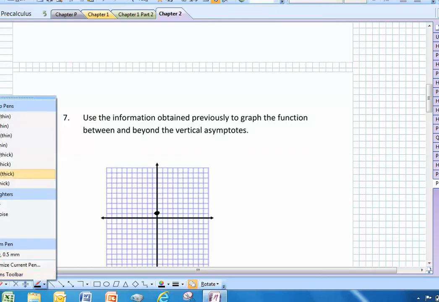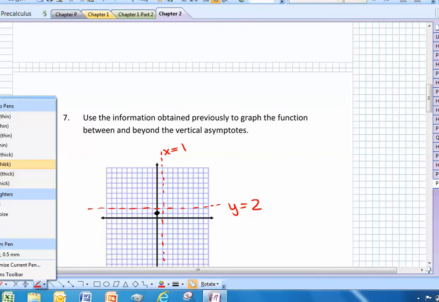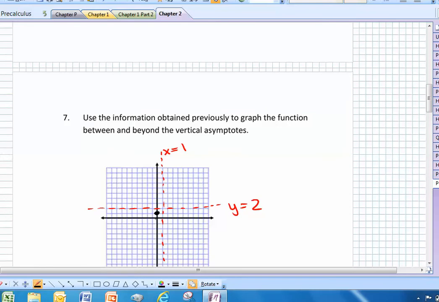I know the vertical asymptote is x equals 1. I know the horizontal asymptote is y equals 2. And I know that the x-intercept is 1/2, so it's right there.